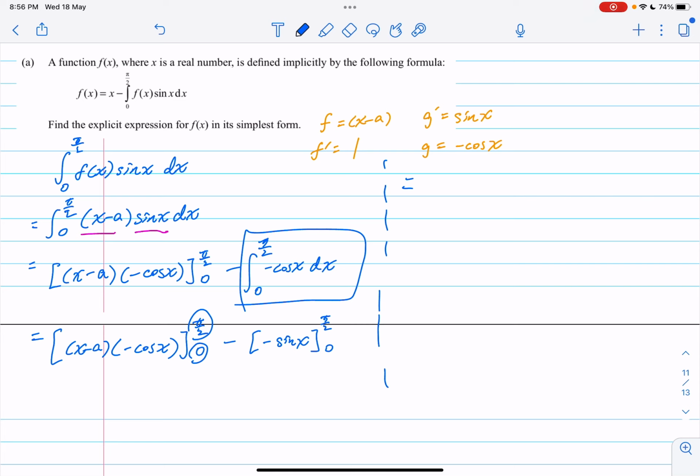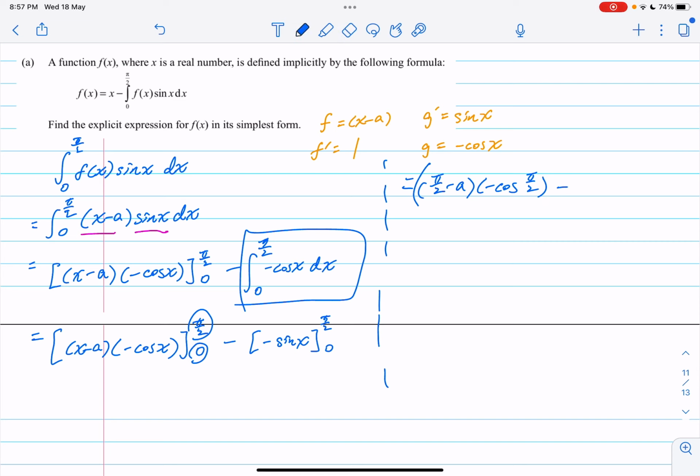Okay, so now we've got, I'll just put this in brackets. So we've got pi over 2 minus a times minus cos pi over 2. Oh, sorry.